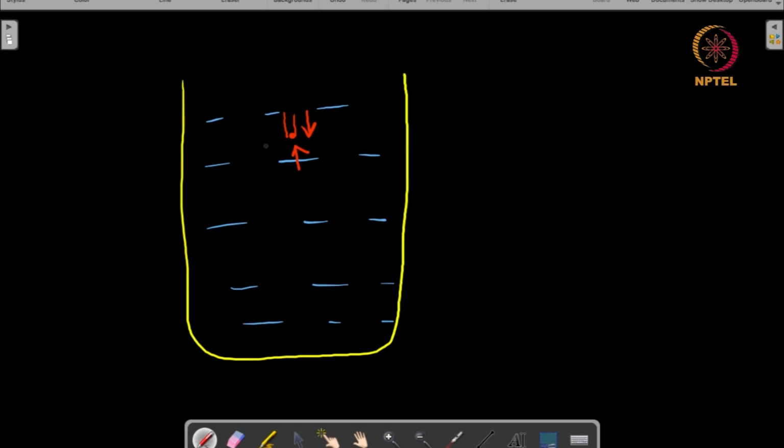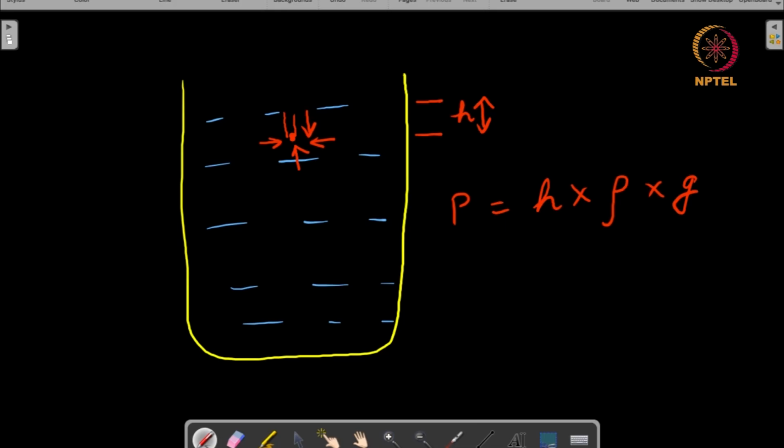And so, from all directions, we can say that this point has a pressure given by this value of H multiplied by the density of the fluid multiplied by the acceleration due to gravity. So, that is the pressure at this point.